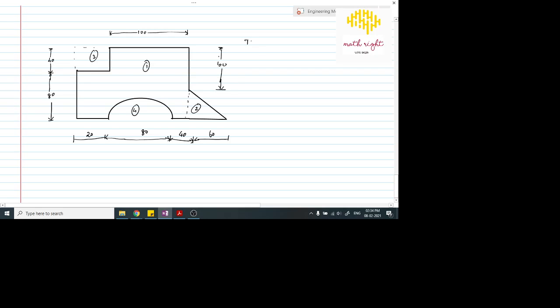Okay. What we want to find is the value of x bar and y bar. We know the formula, that is x bar is equal to summation of Ai xi.